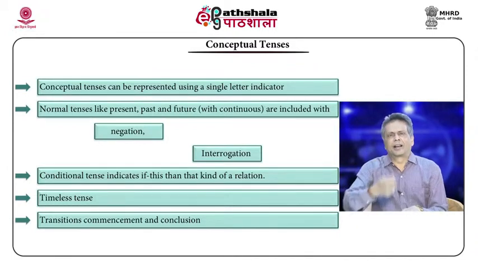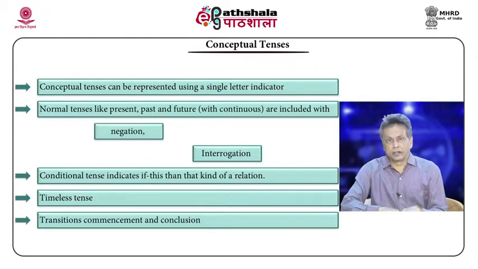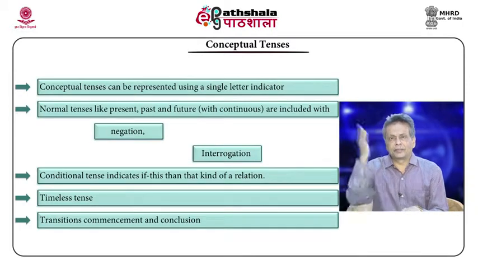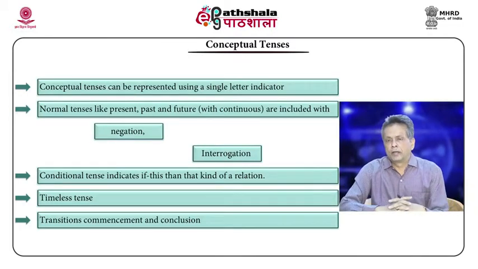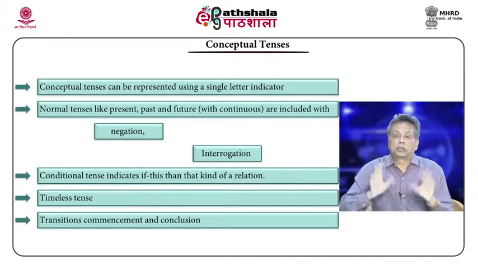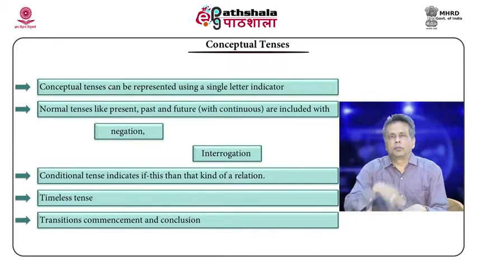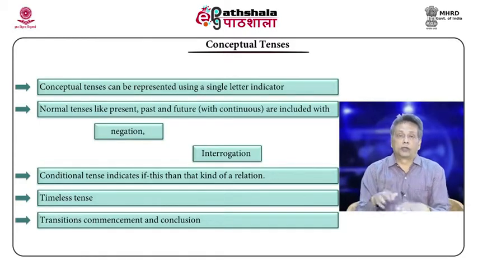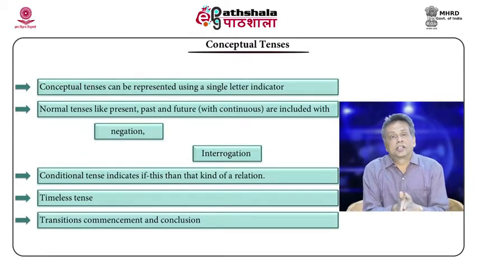Conceptual tenses are single letter indicators. For example, slash indicates negation, P indicates past tense, and question mark indicates that the information is not available, a kind of placeholder. Later on you might encounter a statement like "Sachin went to LA."